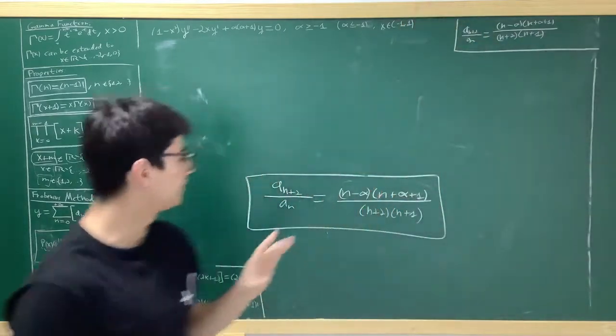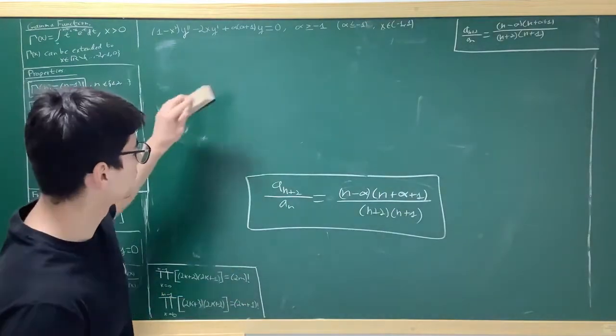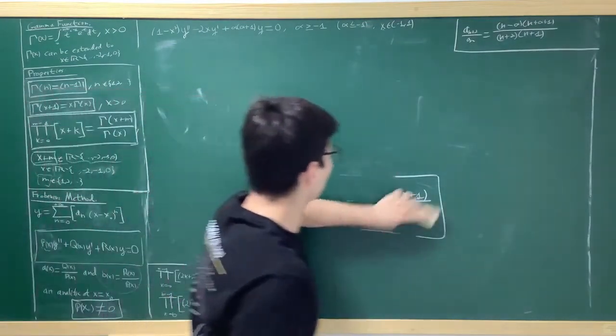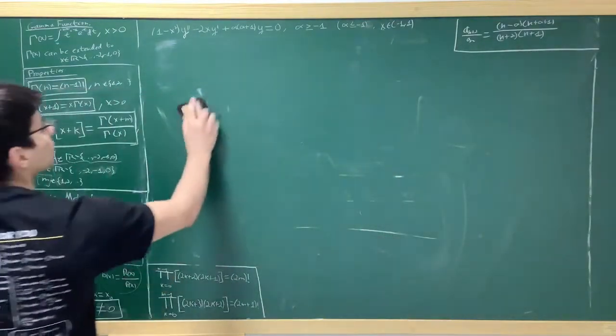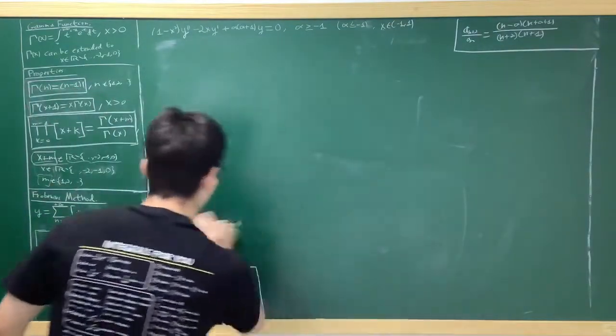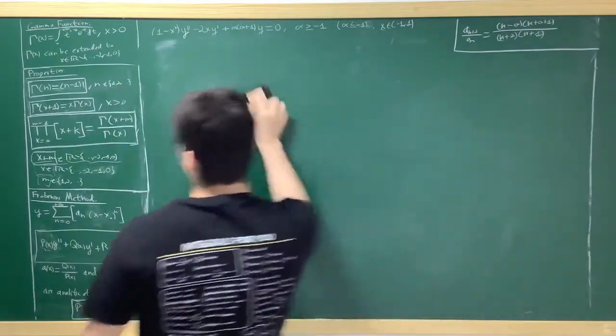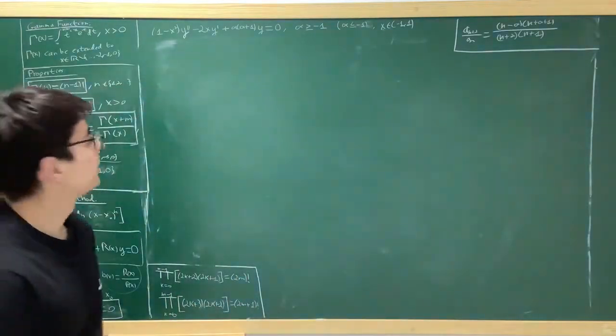This is what we have to solve. And let me just make sure I wrote it okay. Yes. So this is what we have. Let me just use the other one. How do we solve it?